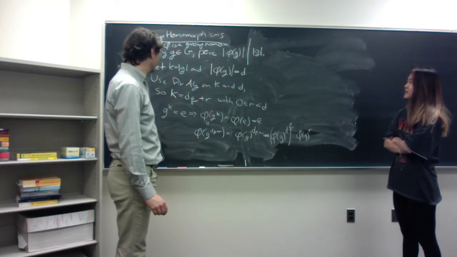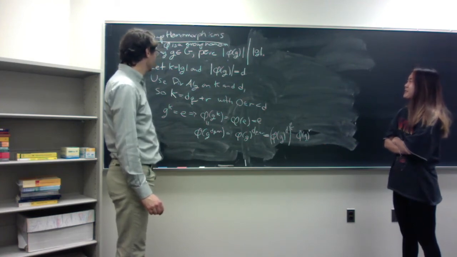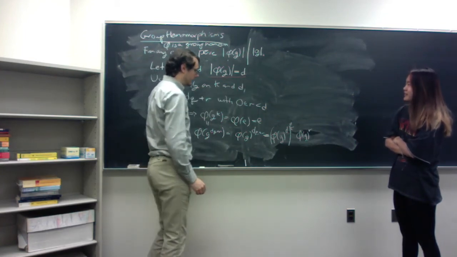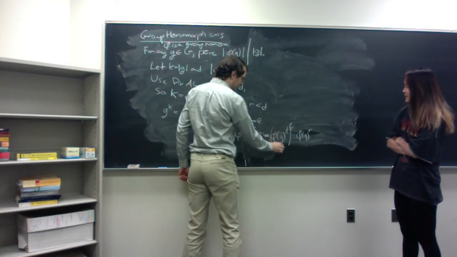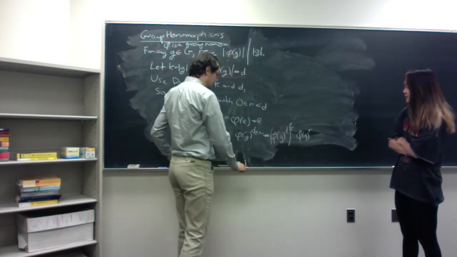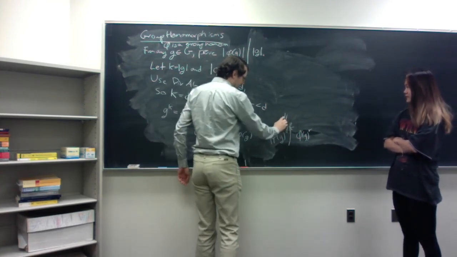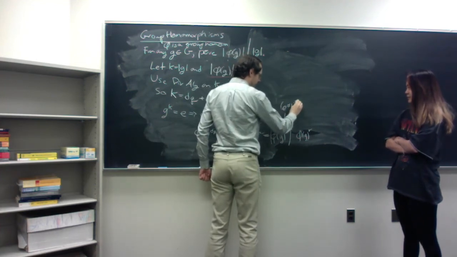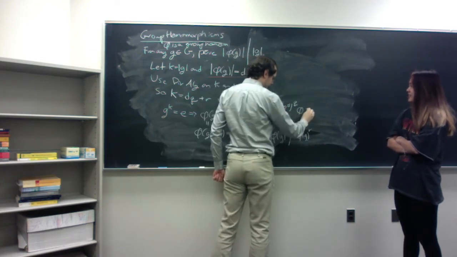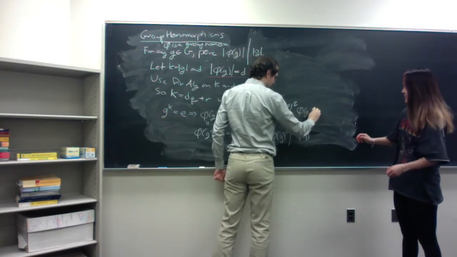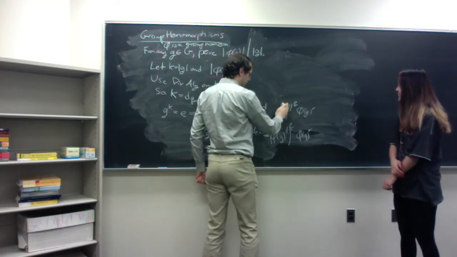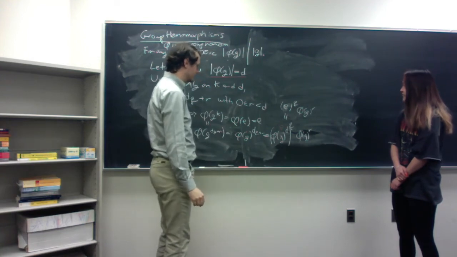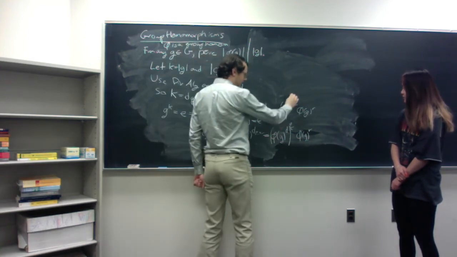We know that the order of phi of G is D, so phi of G to the D should be E. This is equal to E to the Q, which is just E, times phi of G to the R. There's no D; we already used up the D. But it all goes away anyway.